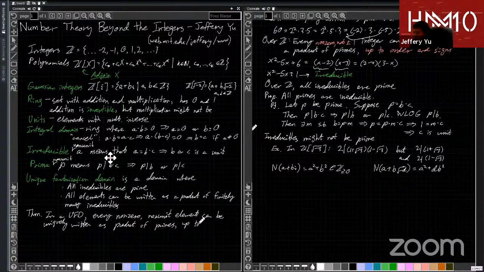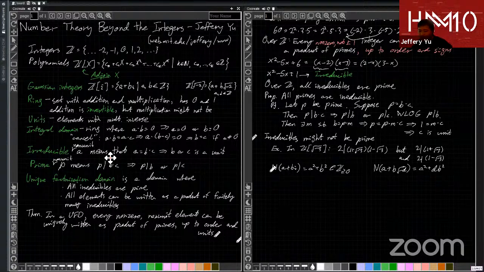Whereas over the integers, I said up to order and sign, the generalization of that is to say up to order and units. Over the integers, the units are plus or minus one. Over the Gaussian integers, you have plus or minus i as well.